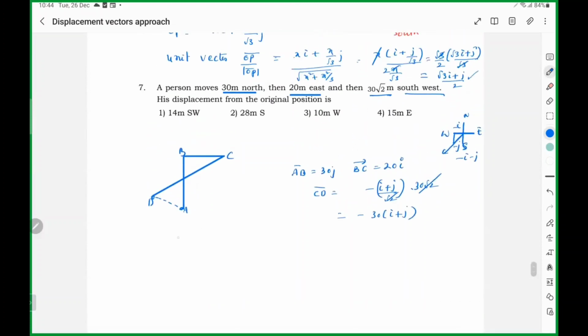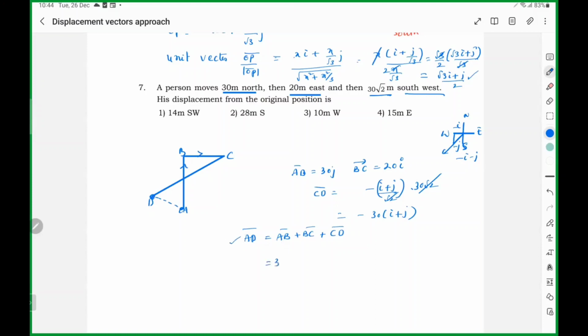So the final displacement will be the shortest distance between initial and final point. A to B, B to C, vectorial addition gives AC. Then C to D, which is nothing but AD.